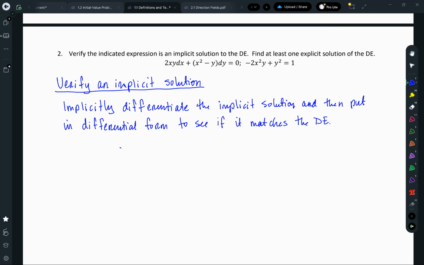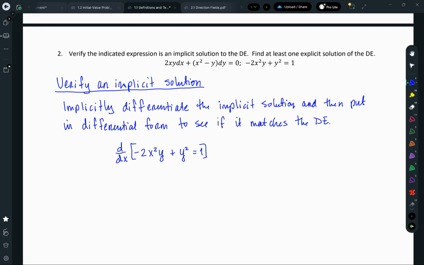That means we're going to take d dx of the entire equation, the minus 2x squared y plus y squared is equal to 1. We're going to take d dx with the understanding that y is a function of x, so the derivative of y with respect to x is y prime, or dy dx. I'm going to write it as dy dx, okay?